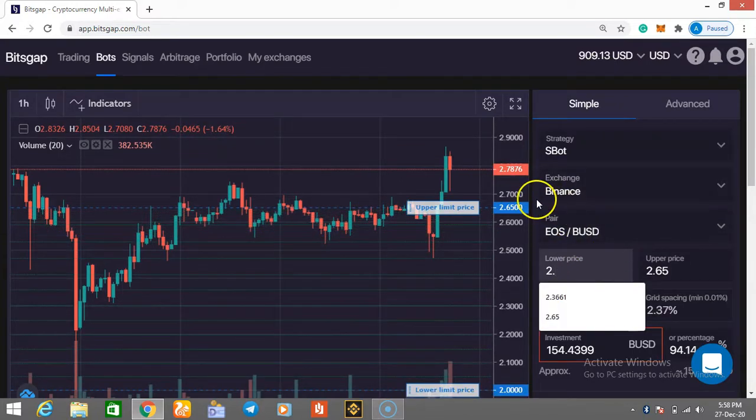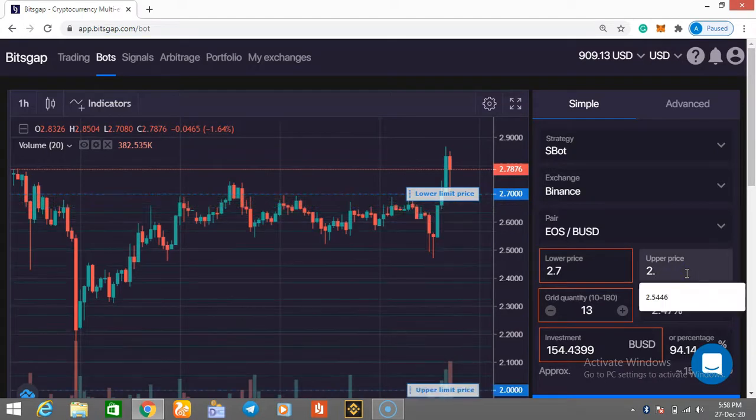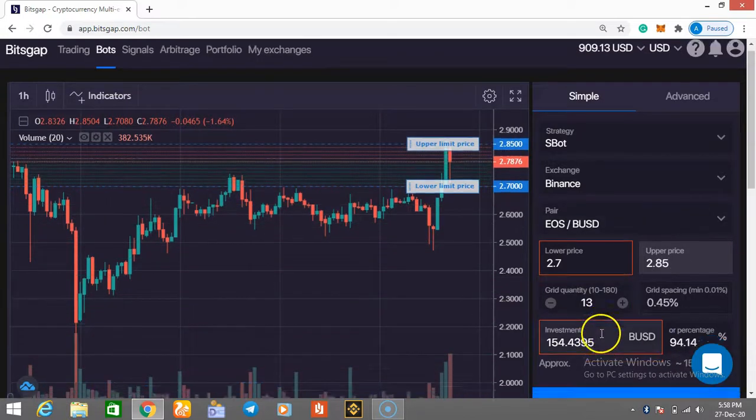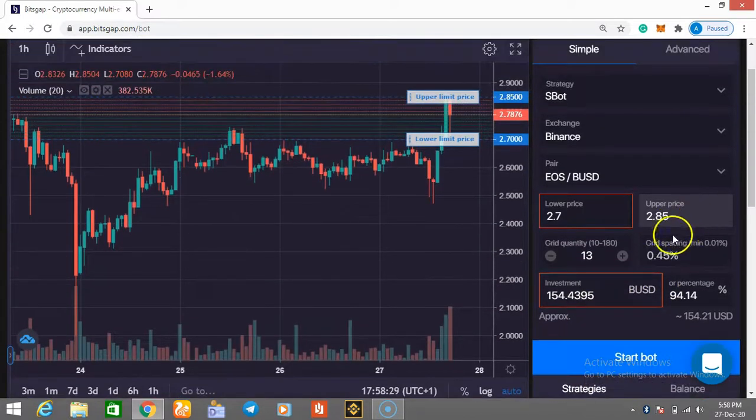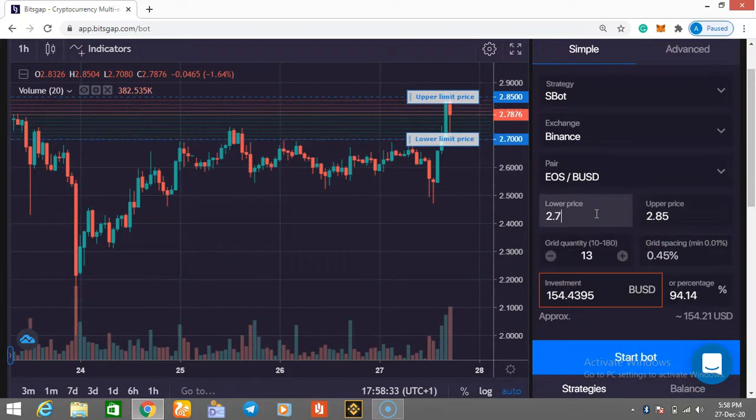Currently the price is 2.7. So I'm going to launch for 2.7 and 2.85. I need to make this high frequency, so I'm going to increase this to 2.75.